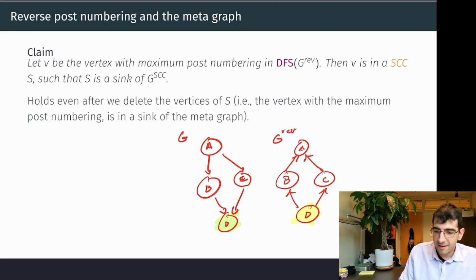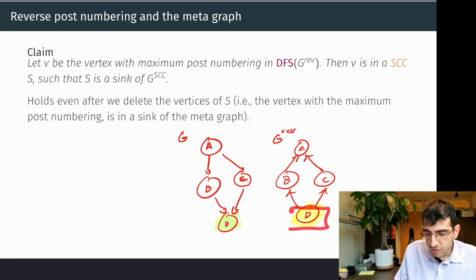How cool is that? So if this vertex is now a source in the reverse graph and we calculate DFS, then it will have the largest post-order numbering.